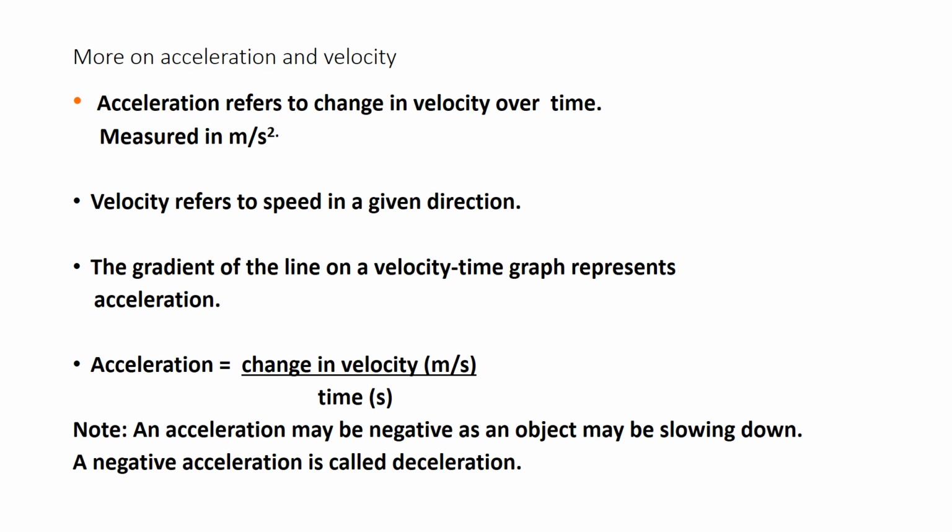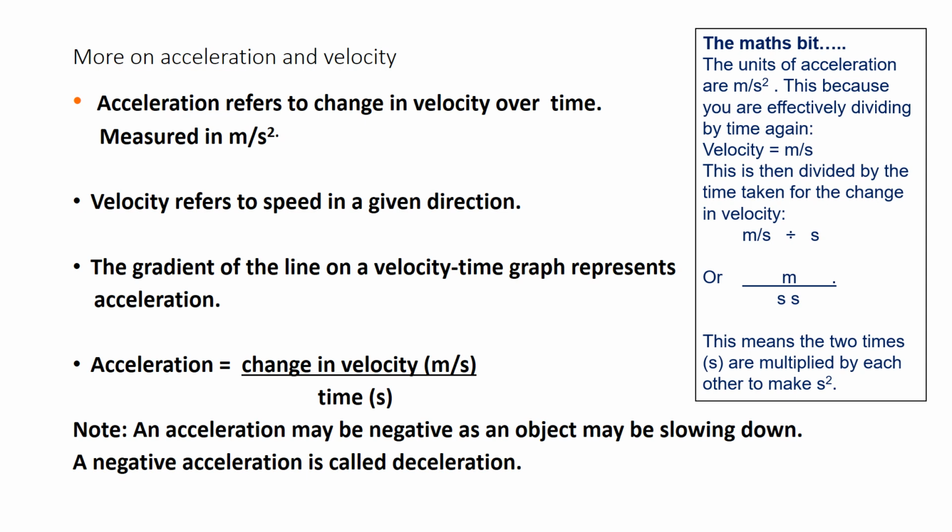Acceleration is the change in velocity in meters per second divided by time in seconds. Acceleration may be given as a negative as the object may be slowing down. Negative acceleration is deceleration. So just a little bit of maths about the units here. Sometimes you can work out from equations how we derive those units, and it can help us in exams to work out what units we should be adding.